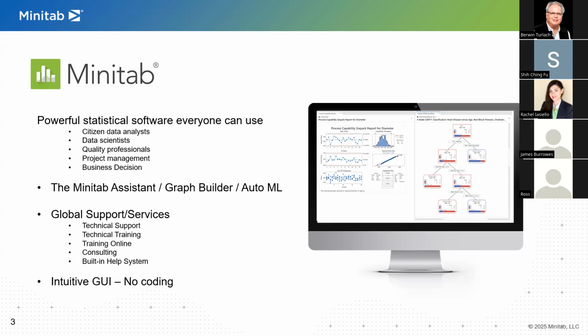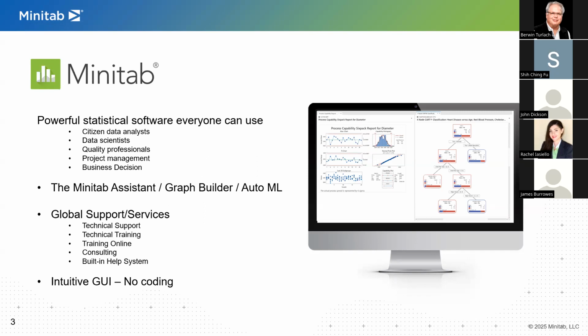That's why we have standard statistical tools like ANOVA, regression, DOE, and reliability, but also tools like Minitab Assistant, to help people quickly identify the tools and click, everything done. Graph Builder plots graphs easily. And recently, we're adding machine learning algorithms into the application.